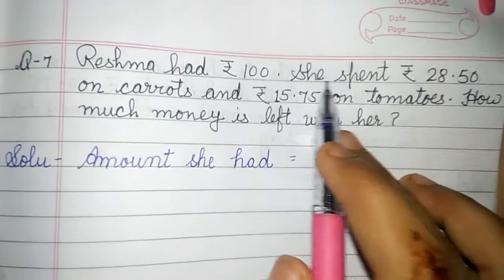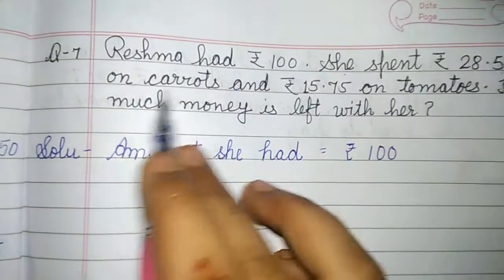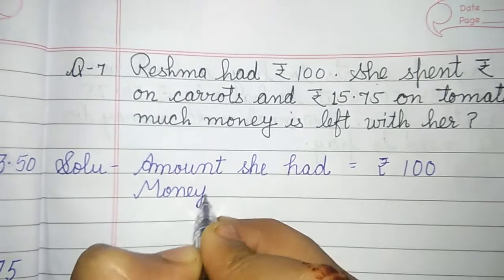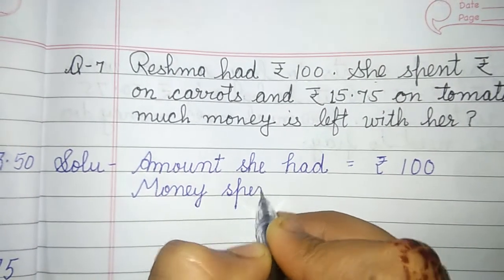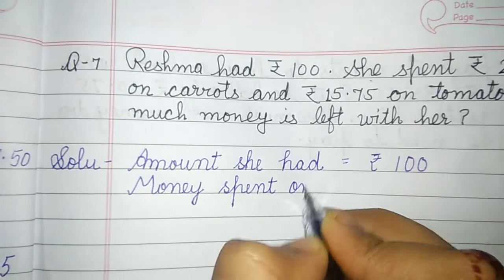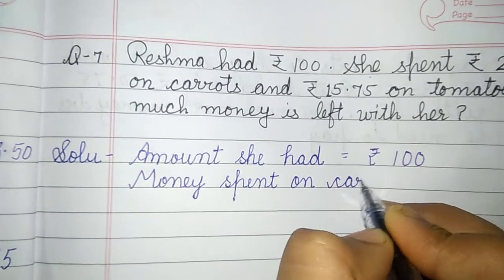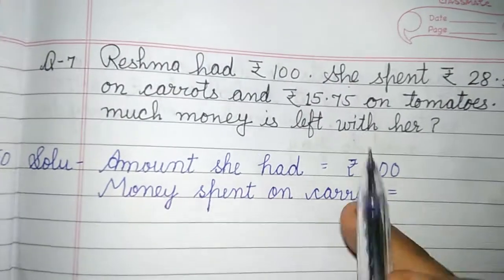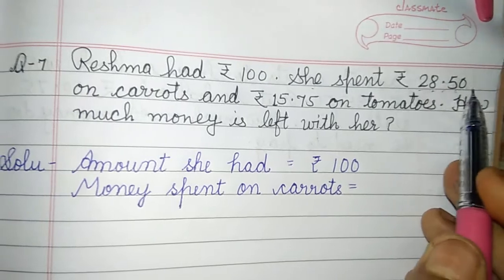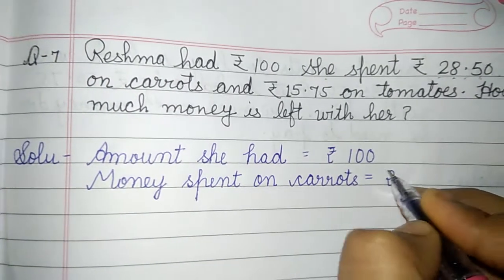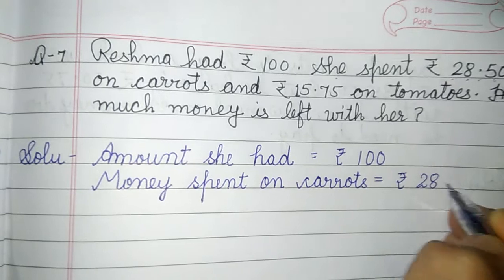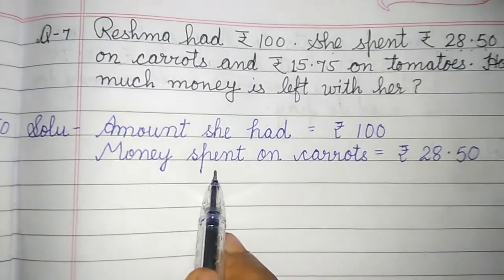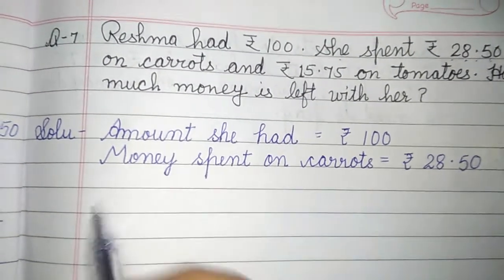Next statement: money spent on carrots. How much? Rupees 28.50. And the next statement will be money spent on tomatoes.